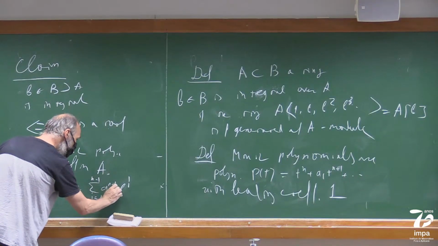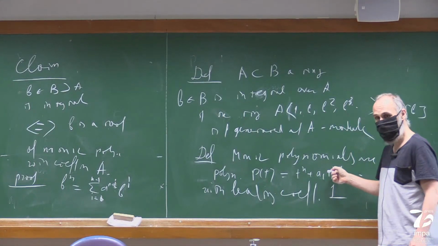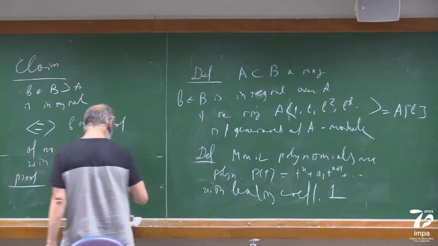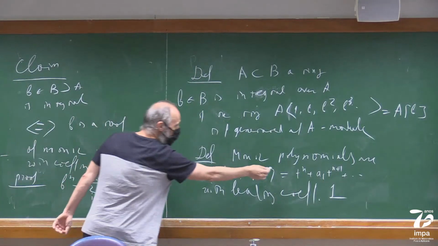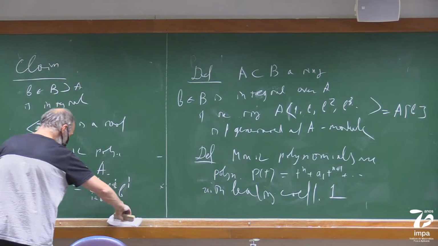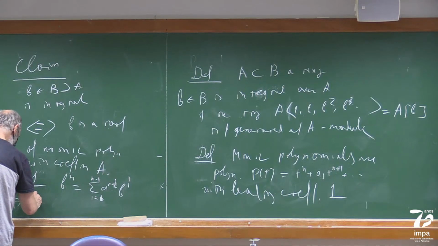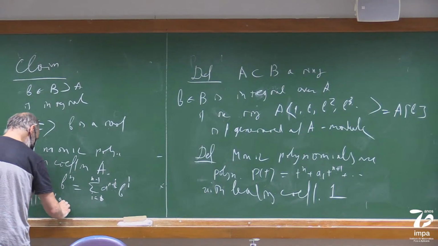Probably i plus 1, I think here we have a1 t to the n minus 1. So then you have a n minus i b to the power i, from 0 to n minus 1. I just rewrote this to here. And this implies that you have the same relation for b to the n plus 1, and so on and so forth. So the module A of b is finitely generated as a module.